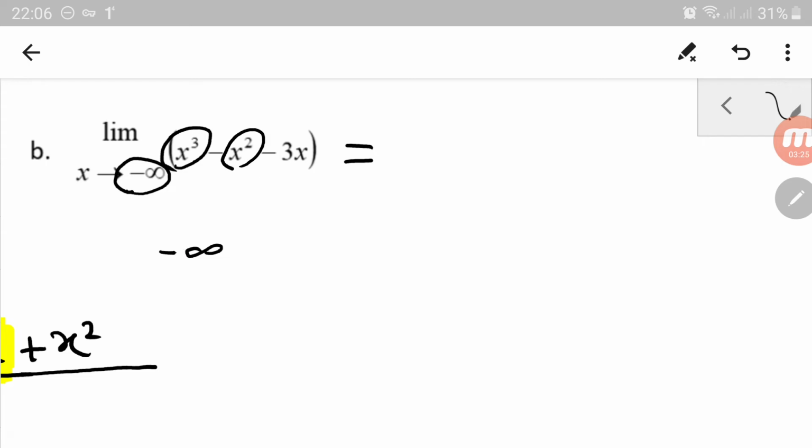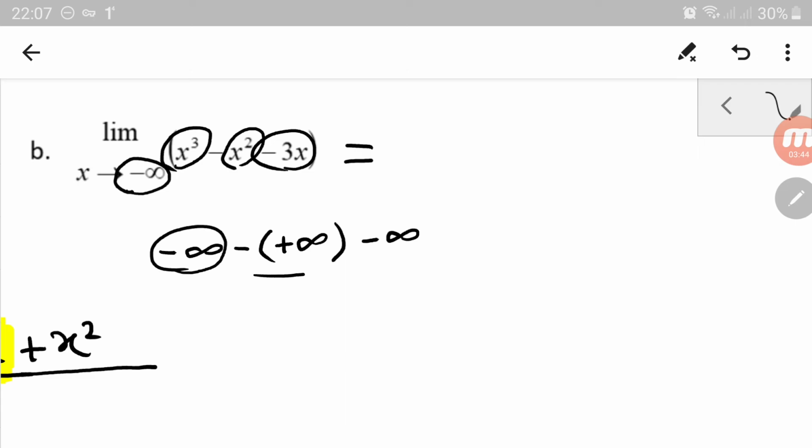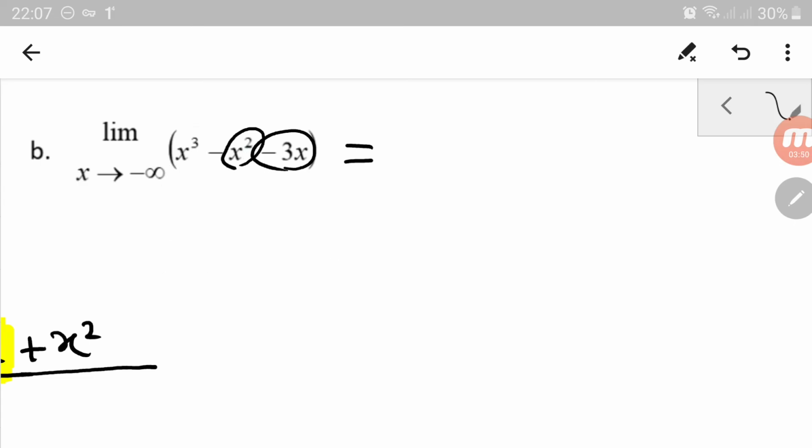But for this one, we will get a positive big number, and this one a negative big number. What we have here is confusing, because we have minus infinity minus another infinity. Therefore, what we have to do is conjugate or factorize them.